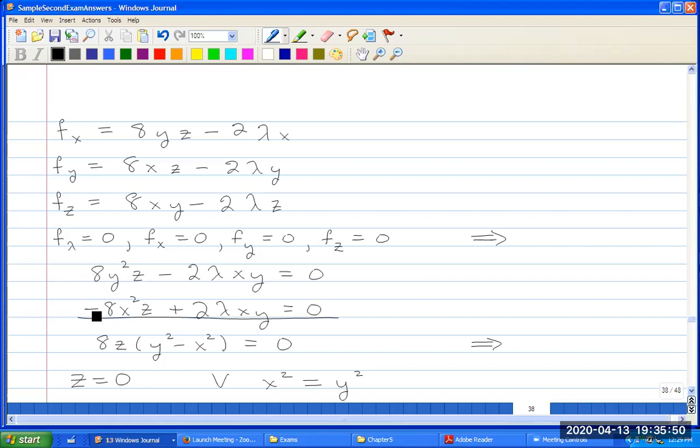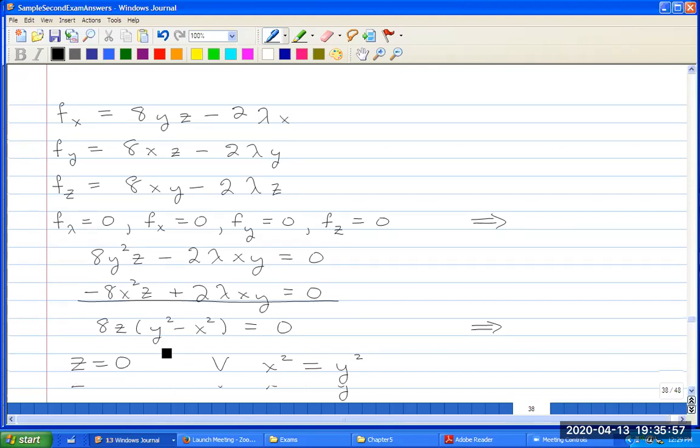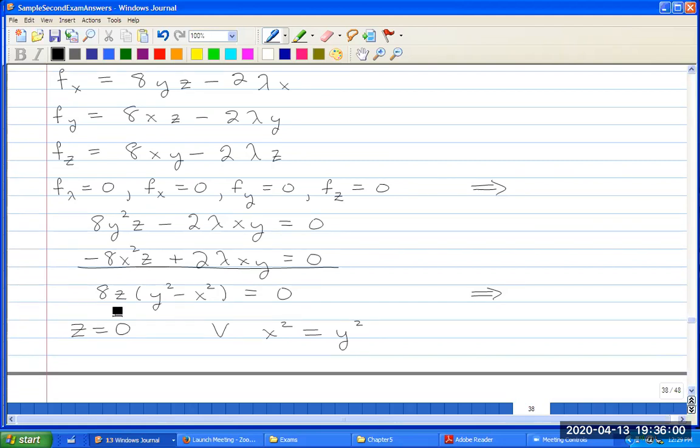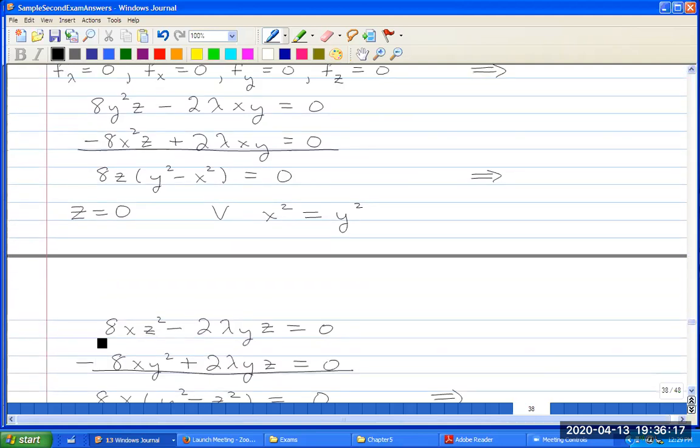I can factor out an 8 and a z. What remains in the middle is y squared minus x squared. So either 8z is 0, and so z is 0, or y squared minus x squared is 0. We'll see that this is going to give us a contradiction. This function will not be maximal at z equals 0.